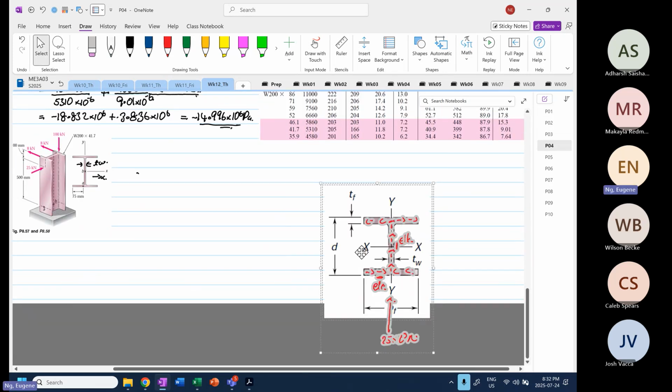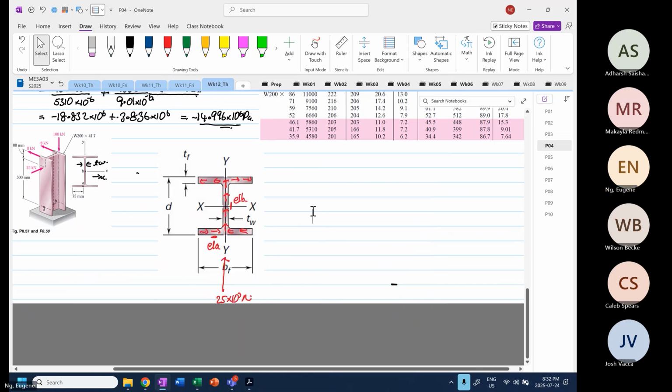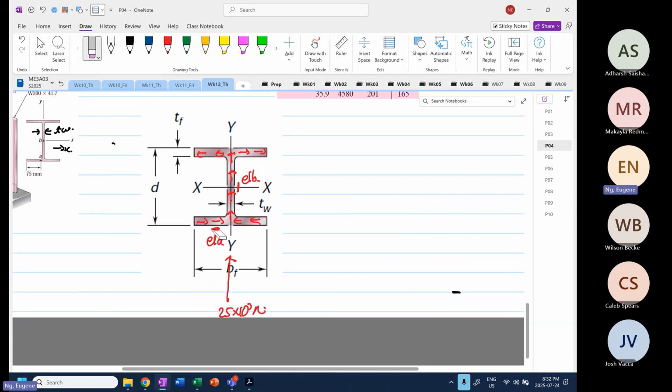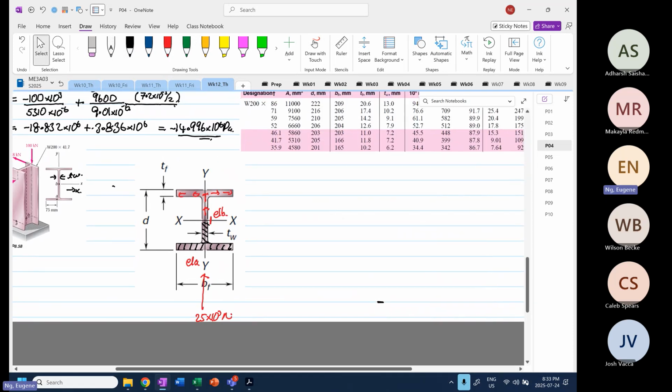So this is our Vy. Okay, so we bring it over here. So the area we have to consider is this area over here and this area over here, because that's where element B is.